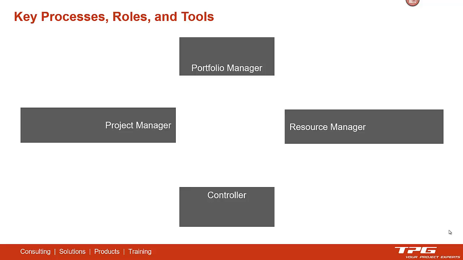These are obviously project managers and resource managers, but also portfolio managers who are doing portfolio controlling and having the overview over the entire project landscape. And on the other hand, we have the controller who is controlling all the things and managing the ERP systems.